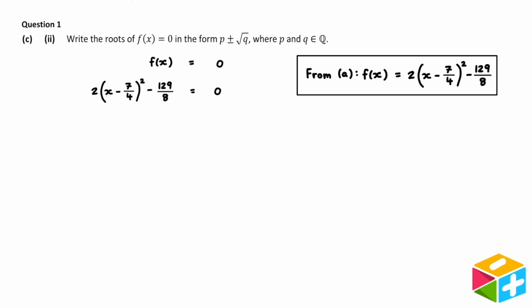If we can isolate this x by removing everything else from the left-hand side, then we'll have solved our equation. A good principle here will be to start by removing the expressions furthest away from the x. Here, the first thing to remove is the minus 129 over 8. This represents subtraction, so to cancel it off, we'll need to add 129 over 8 to both sides.